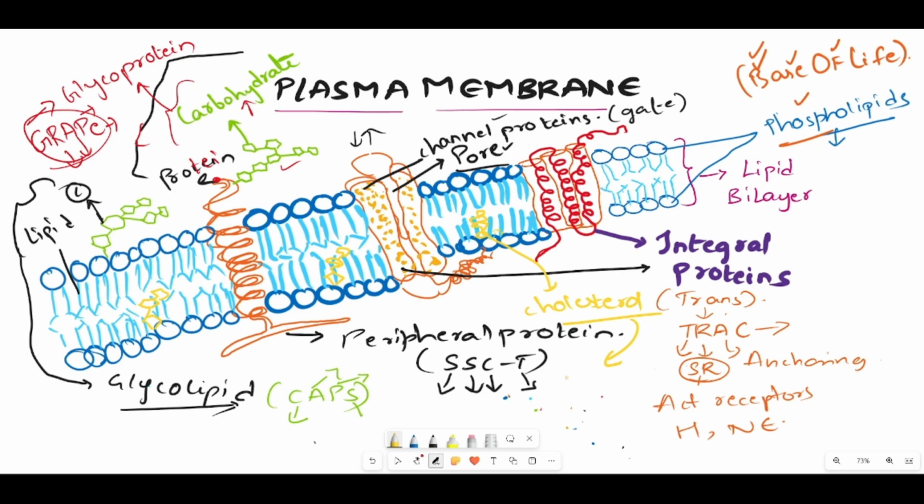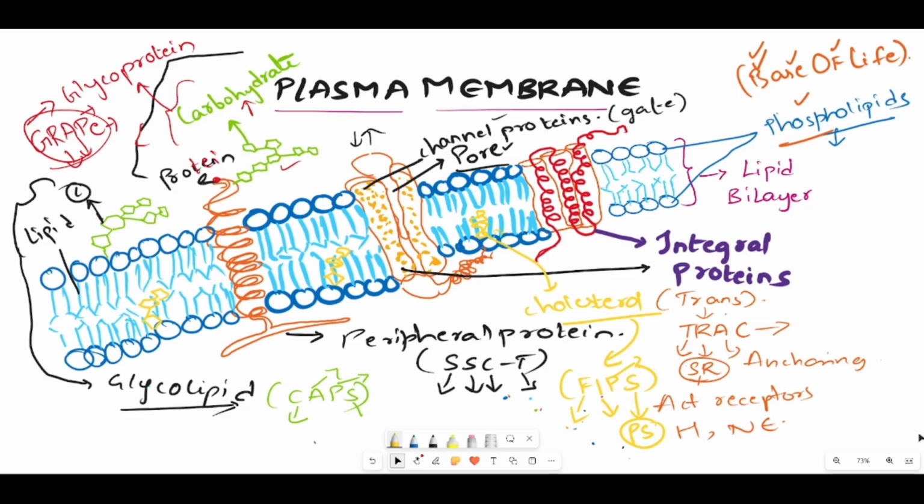Now, how do you remember the functions of cholesterol? Just remember the word FIPS. It is useful for regulating fluidity, it is used for integrity, it is useful for controlling permeability, and it is also helpful for providing support.